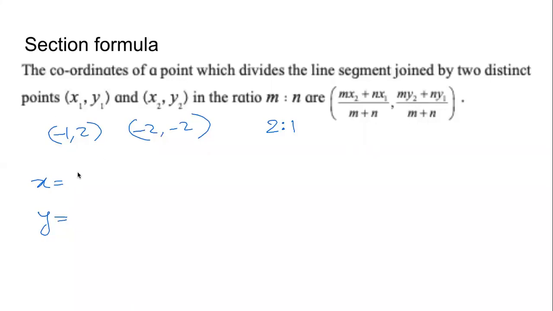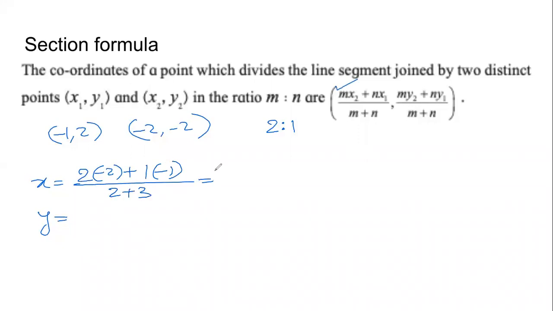So to find the x coordinate of the point that is dividing the line segment, we will use this part, (m x2 plus n x1). M is 2, x2 is -2, plus n is 1, x1 is -1, by m plus n, which is 2 plus 1. Sorry, it should have been 2 plus 1, not 2 plus 3.